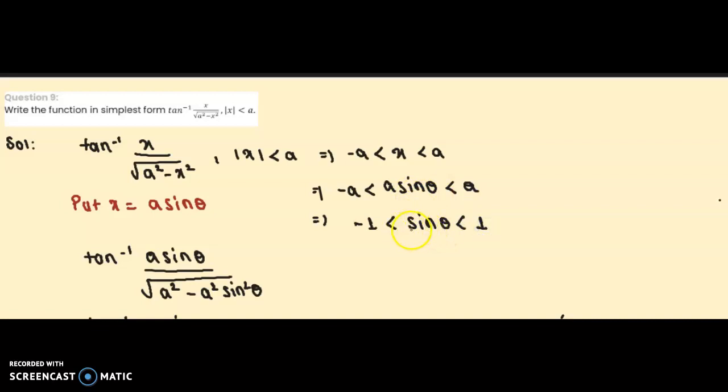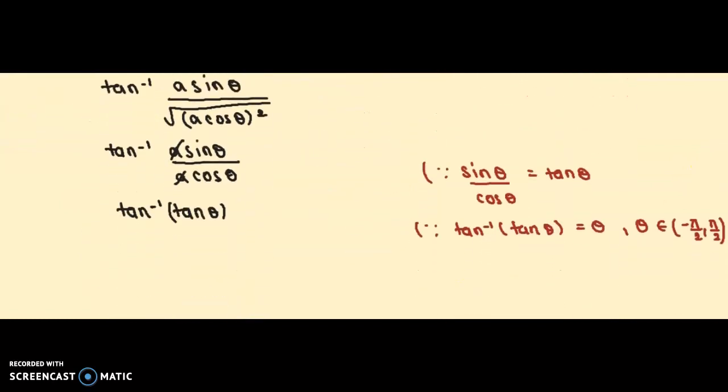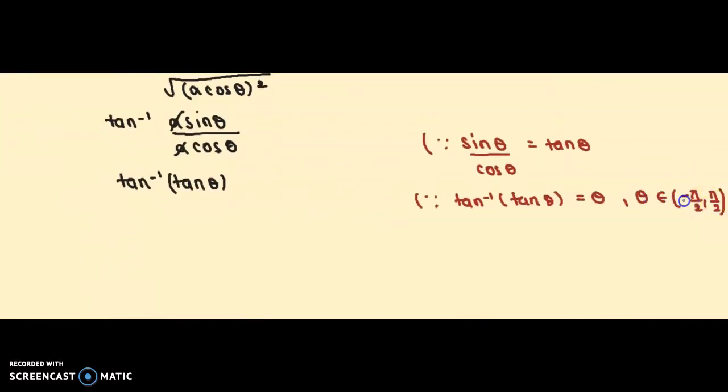The range for sine theta is minus 1 to 1, which means theta belongs to minus pi by 2 to pi by 2. Since theta lies in this range, we can write tan inverse tan theta as theta using the formula.